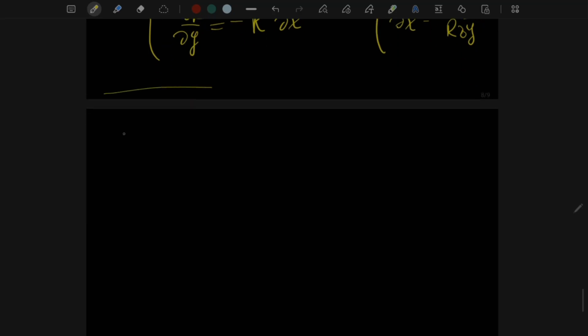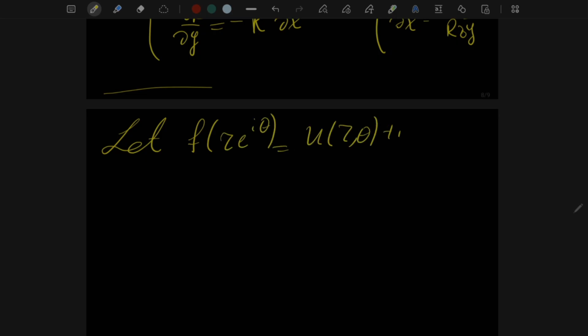Okay, now let's assume that the function has algebraic form, but the argument has polar form. So we have f of r e to the i theta. Okay, this is a little fascinating.